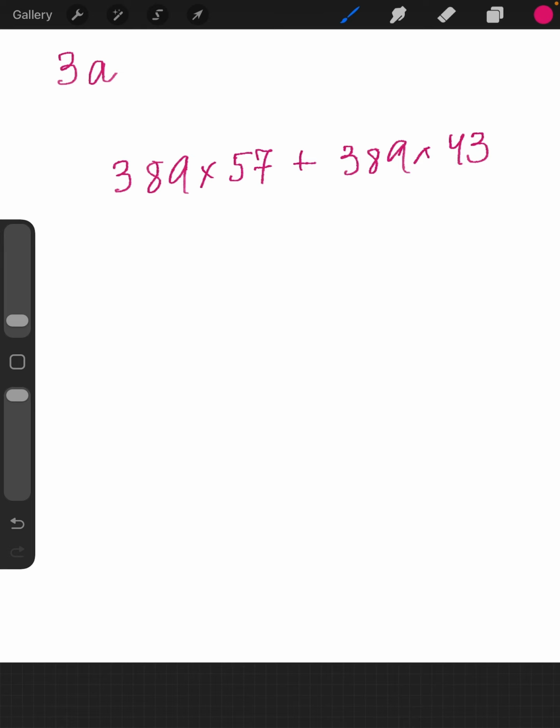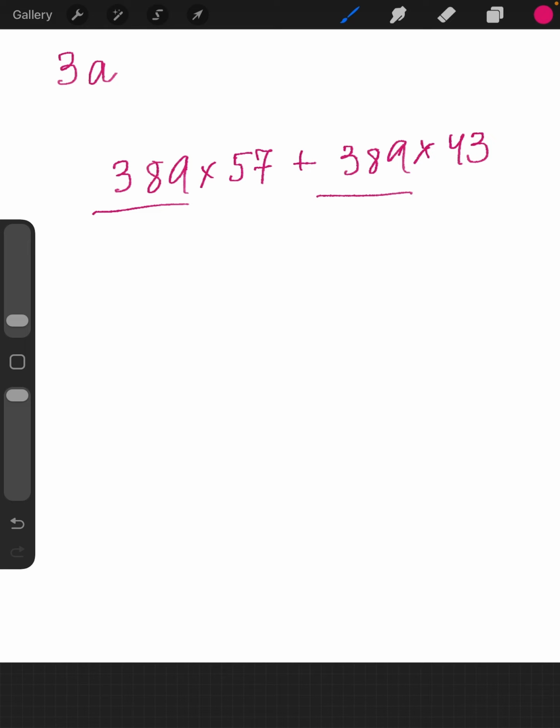So when you first look at this expression, you may not have understood how to do this in a simpler way, right? But if you say it out loud, 389 times 57 plus 389 times 43, you will notice that there is a repeating factor here, right? And that's 389. Now, I'm not saying that this is going to make your multiplication much easier, but it's going to save you some time.